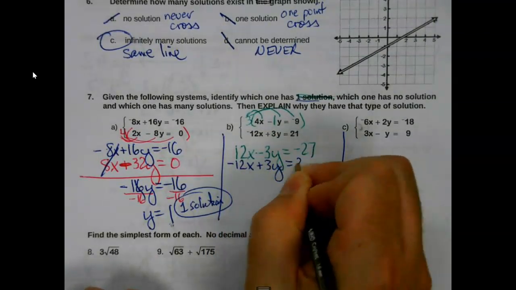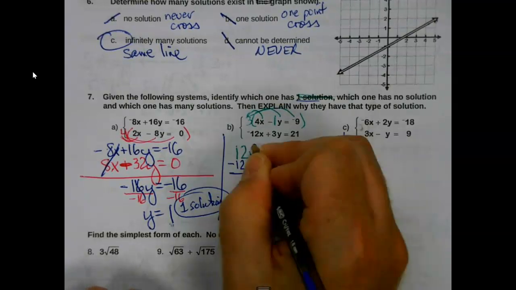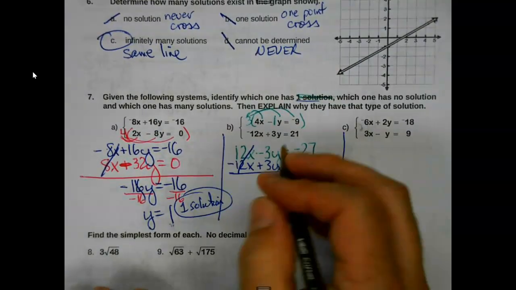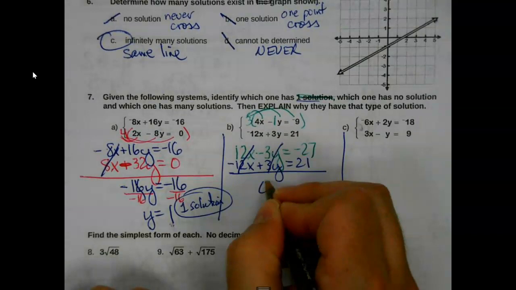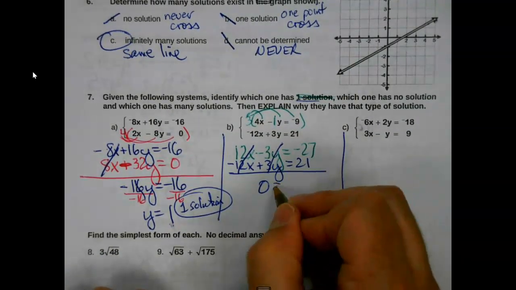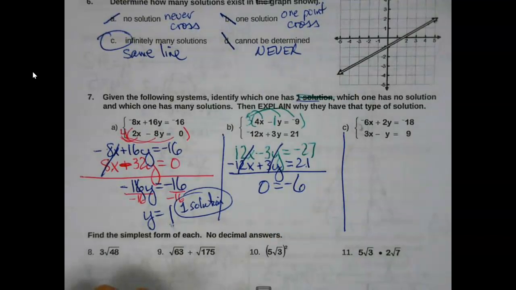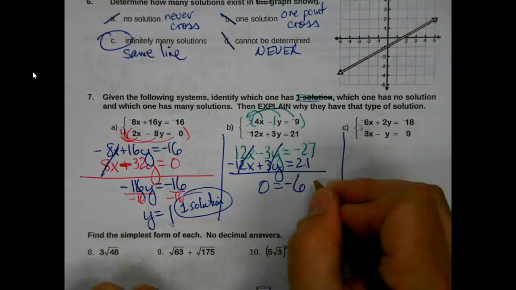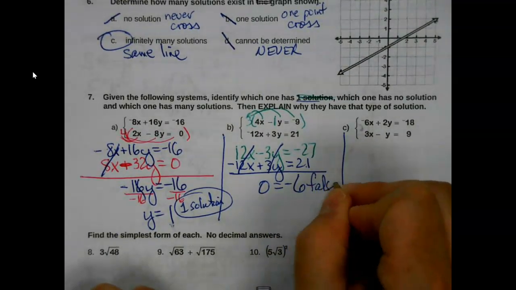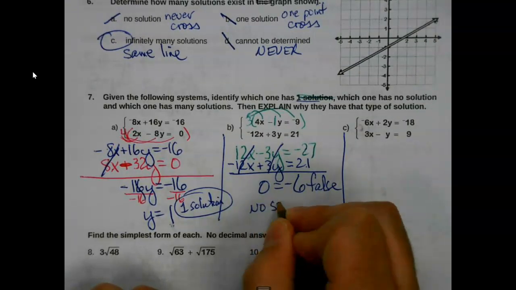And I keep the bottom one the same. Whoosh. Nothing there. Oh, whoosh. Nothing there. Okay. Negative 27 plus 21 is negative 6. That's false.